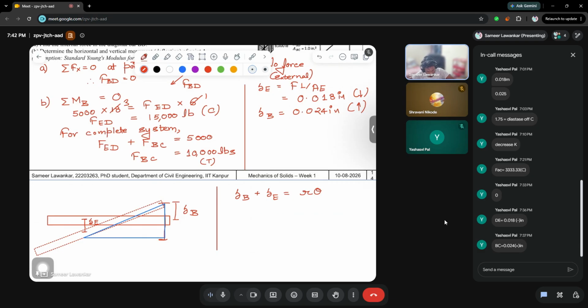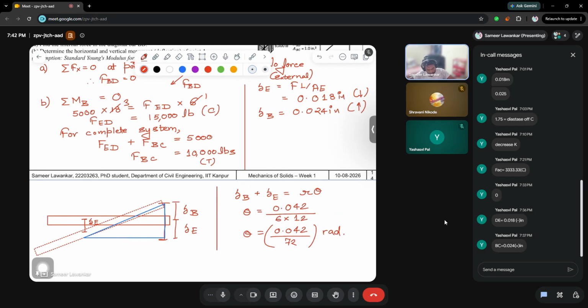That's why I have implemented and explained it using a diagram here. So theta is nothing but equal to 0.042 upon what is the length? I think the length is 6 feet. So it's 6 into 12. So theta will be 0.042 upon 72. No need to reduce it; we can reduce it afterwards.